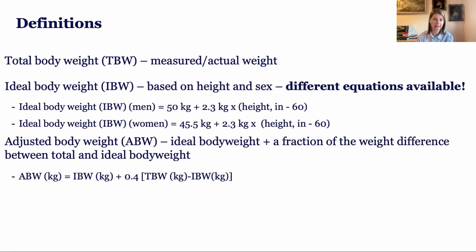Adjusted body weight is then using ideal body weight plus a fraction of the weight difference between total and ideal body weight. So here is the ABW that we used. Adjusted body weight shouldn't be mistaken for absolute body weight, which is in that case a total body weight. So adjusted body weight is based on the ideal body weight equation.